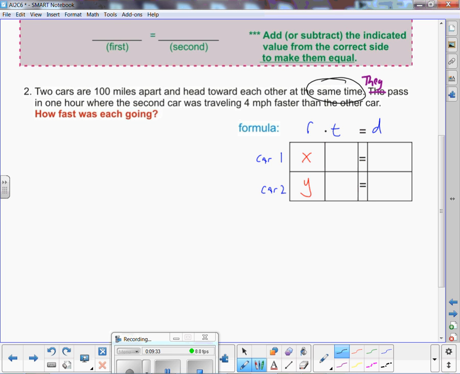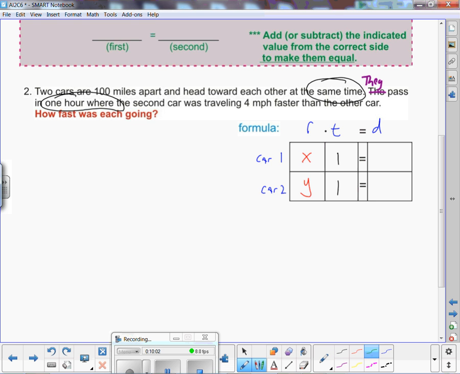They head toward each other at the same time, and they pass in 1 hour. So they leave at the same time and they pass in 1 hour. How long was the first car traveling? 1 hour. How long was the second car traveling? 1 hour. Okay, great. We have 4 of the 6 filled in. We only have 2 left.